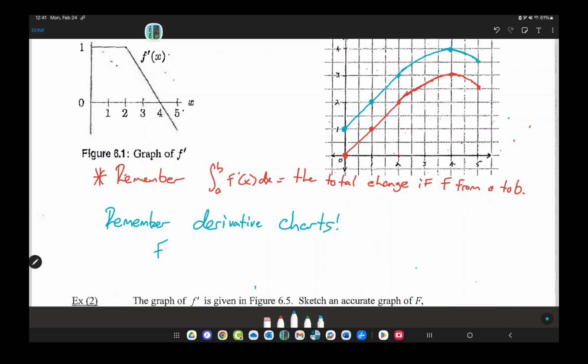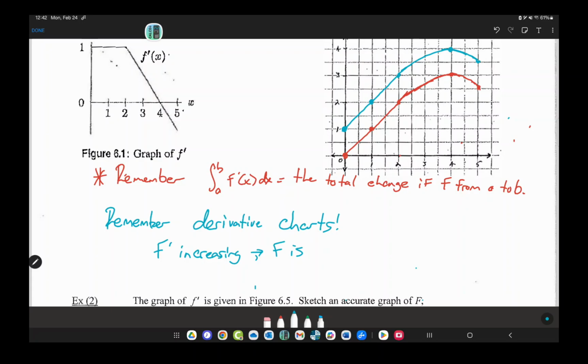So as f prime is increasing, that means f is what? If f is increasing, that means f prime is positive.